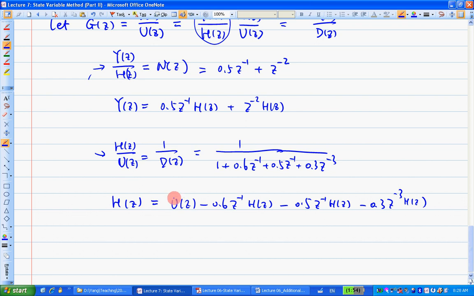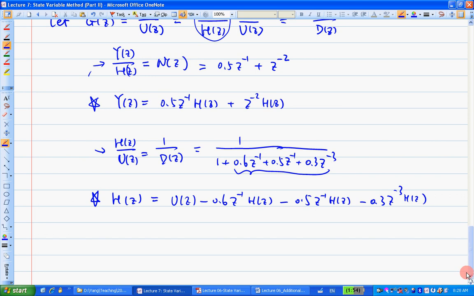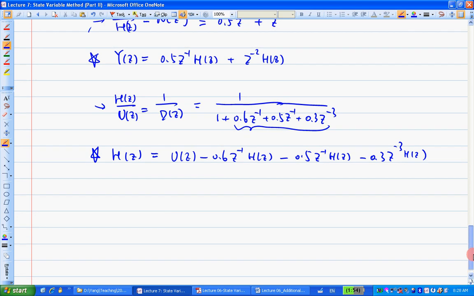Good. Now the simulation diagram will be built based on these two equations here. So here's what we're going to draw: the simulation diagram based on these two equations.